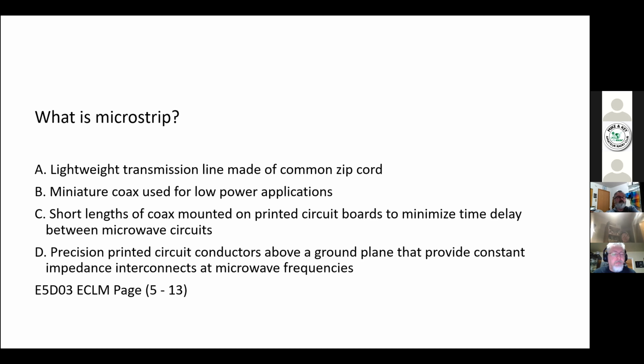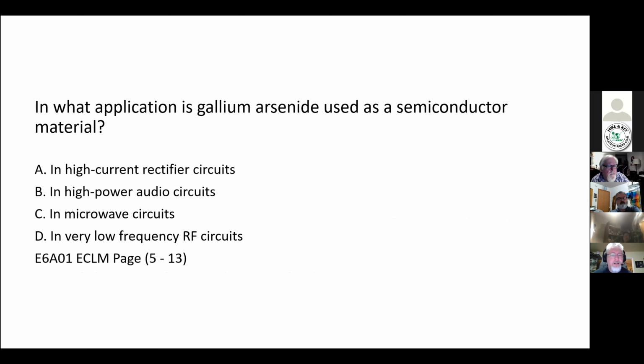Or D, precision printed conductors above a ground plane that provide constant impedance interconnects at microwave frequencies. Delta. Delta is correct. Glad I don't have to write that out.